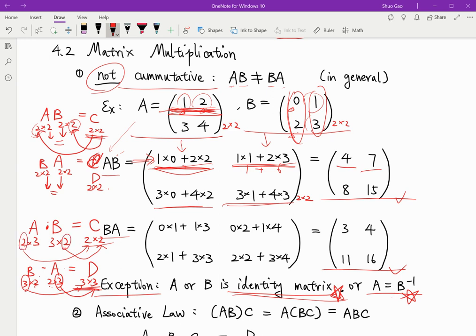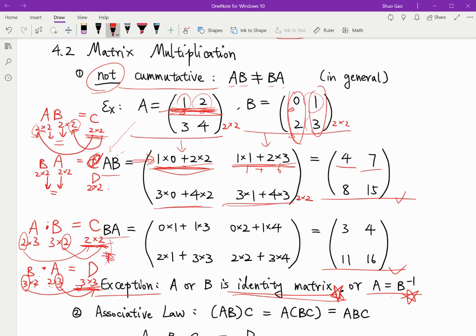So we can see that A times B is a 2 by 2 matrix, but B times A is a 3 by 3 matrix. So clearly C and D are not the same, right?